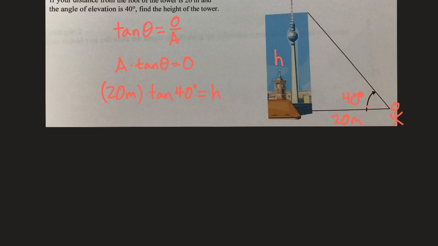I'm going to go ahead and plug it into a calculator. If you don't know how, you can refer to the last video for page 83, where I go over how at the beginning. Now make sure you are plugging in this degree symbol here, otherwise you're going to be finding the tangent of 40 radians, not the tangent of 40 degrees.